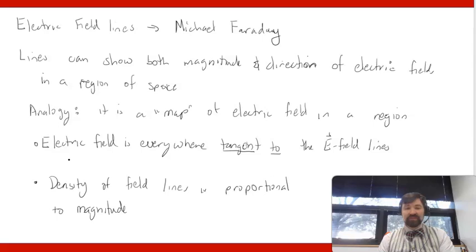Now, again, this is an analogy only. When you're drawing field lines, you only draw a finite number of field lines, and so you will have regions where you just happen to have not drawn a field line, where the field is nevertheless quite strong.